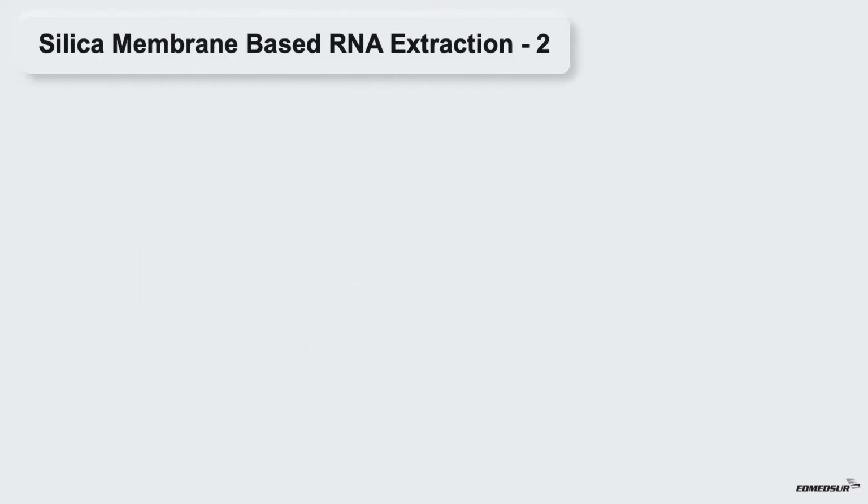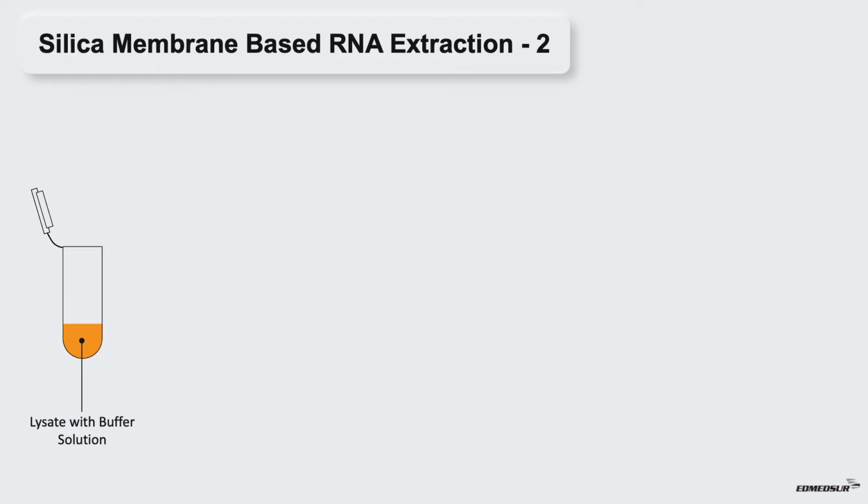Silica membrane-based RNA extraction Part 2. Here, the individual steps, which may vary between different kits, are discussed in greater detail. Lysis is achieved by adding lysis buffer. A buffer solution is added to the lysed sample, which provides right ionic conditions and facilitates RNA binding to the silica membrane.